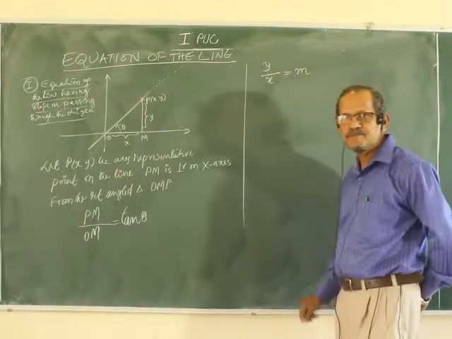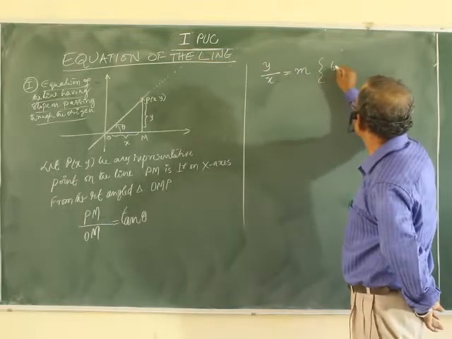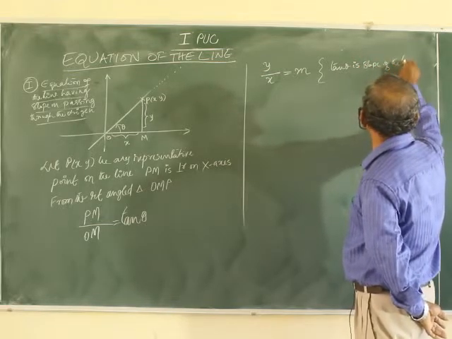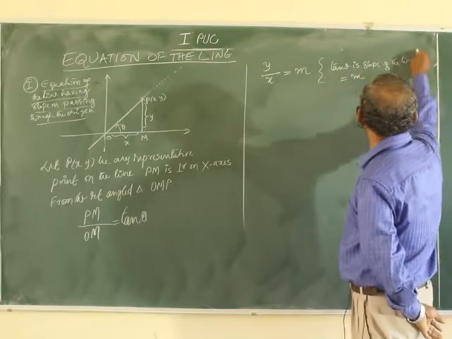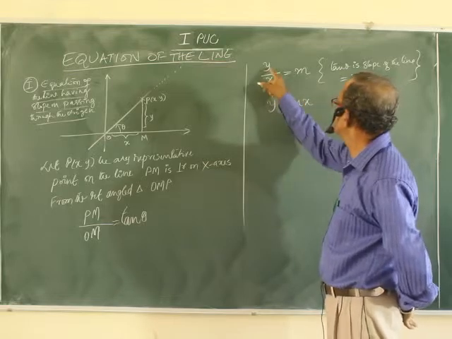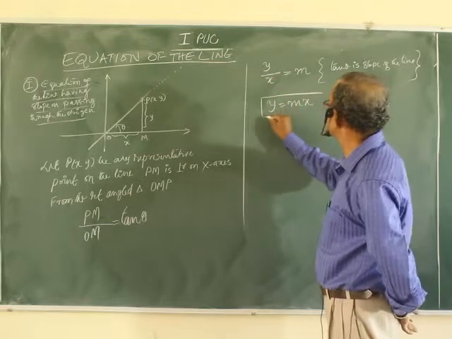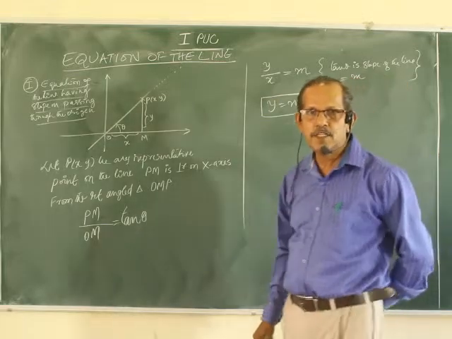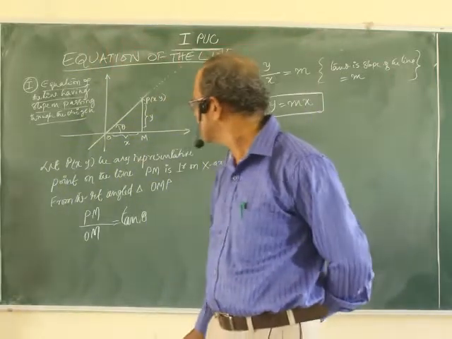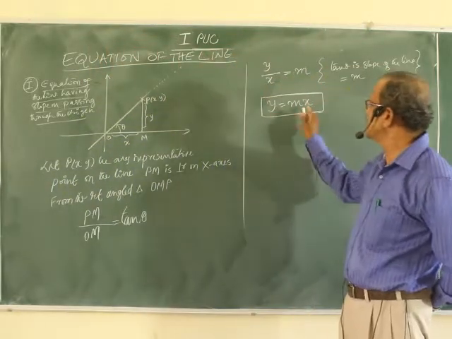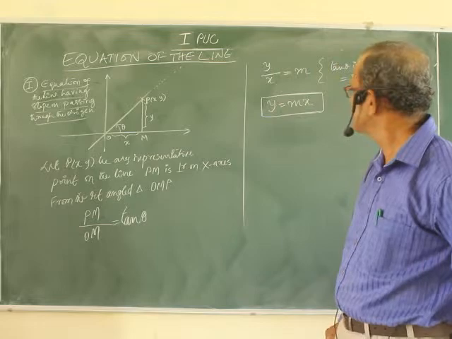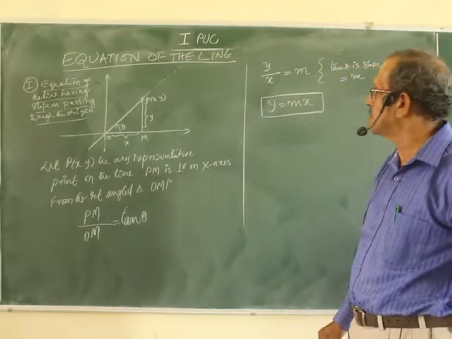Tan theta is m, the slope of the line, equal to m. So y equals mx. This is the equation of the line having slope m passing through the origin. Common condition satisfied by all the points on the locus. First formula is over.